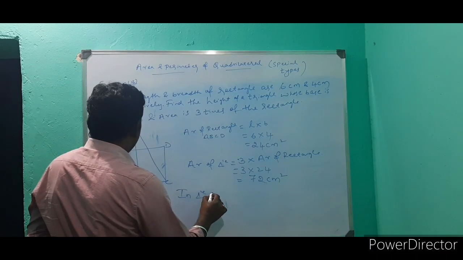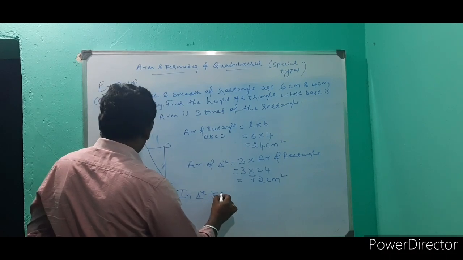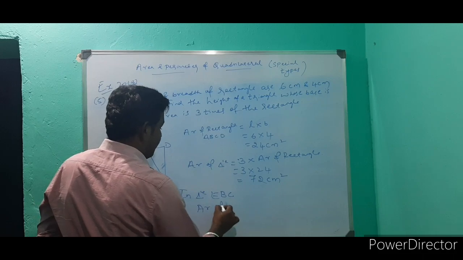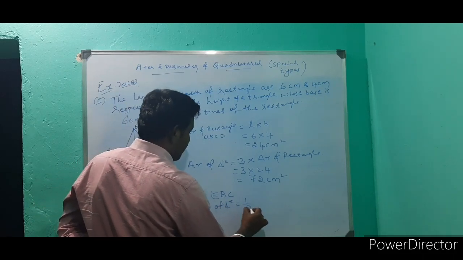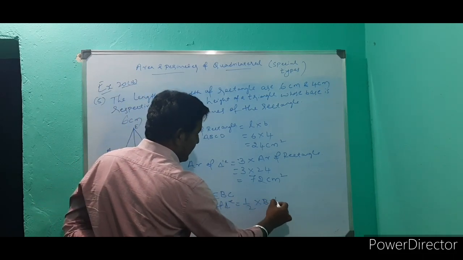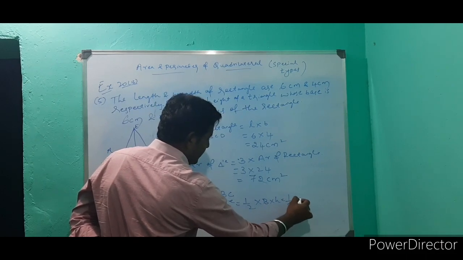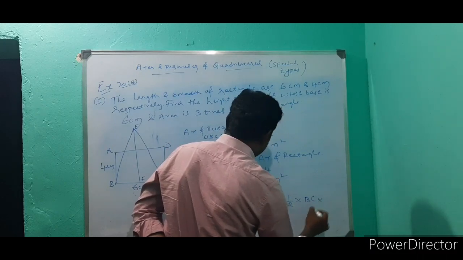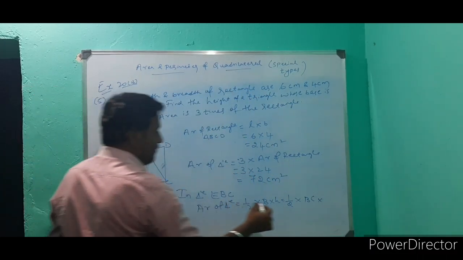In triangle EBC, area of triangle is equal to half into base into height. What is base here? BC. What is height here? EF.